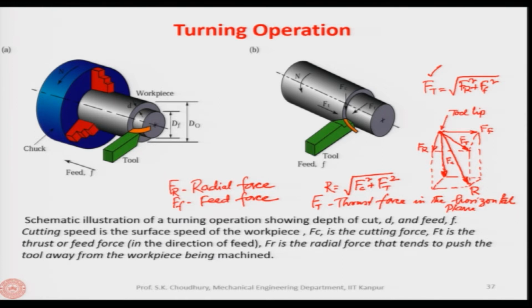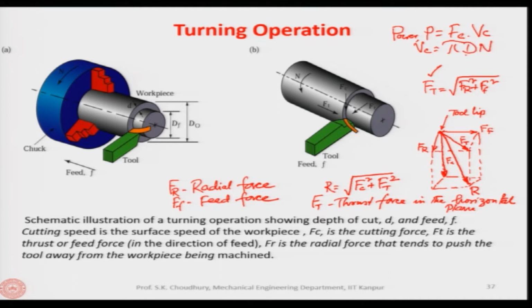In the vertical plane, we have the cutting force F c. This is the force which is responsible for the power consumption, because we have seen in our earlier lectures that power is the product of F c and the cutting velocity V c, and the cutting velocity is pi d n.